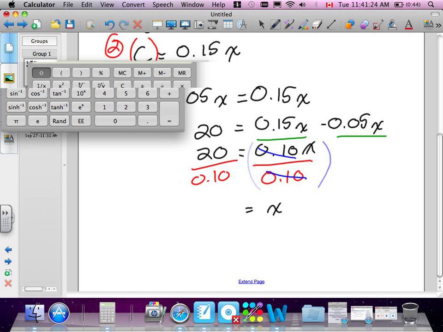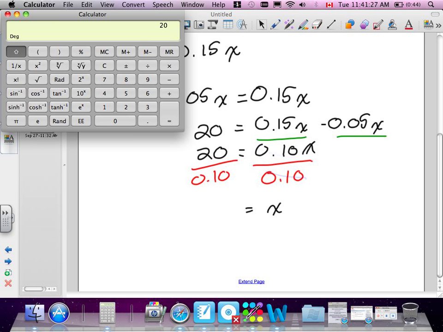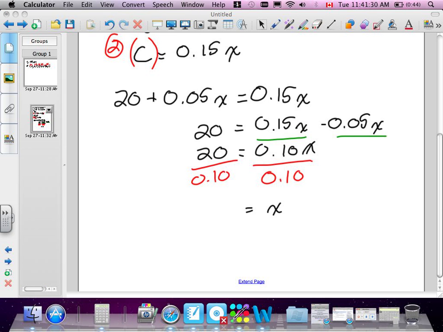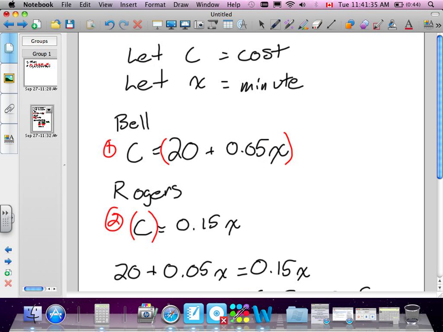So I'll just be left with x. And on the left side of the equation, we have 20 divided by 0.1, 200, right? So 200. So I've discovered my x: at 200 minutes, both plans will cost the same, okay?